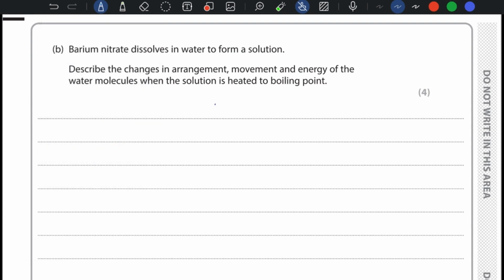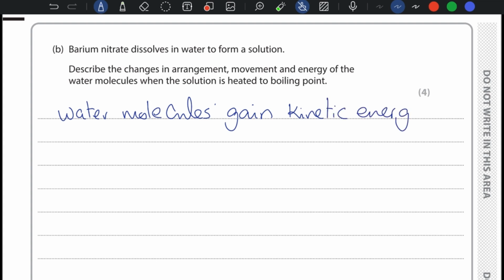Barium nitrate dissolves in water to form a solution. Describe the change in arrangement, movement, and energy of the water molecules when the solution is heated to the boiling point. If you heat water, the water molecules gain kinetic energy, so they move faster.